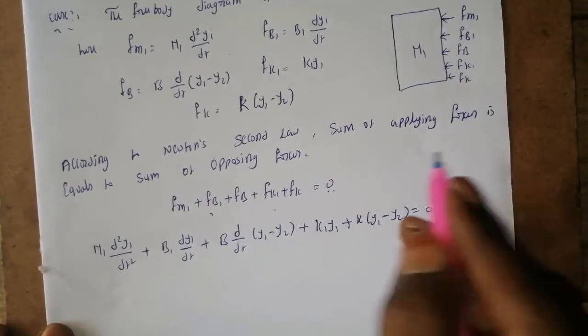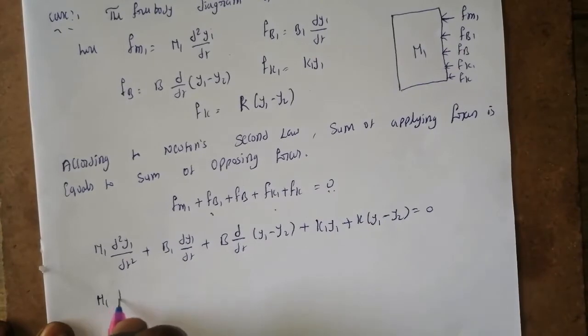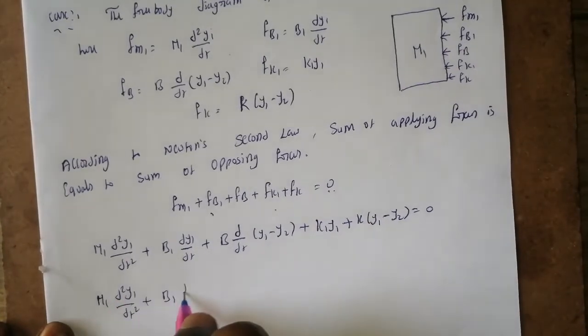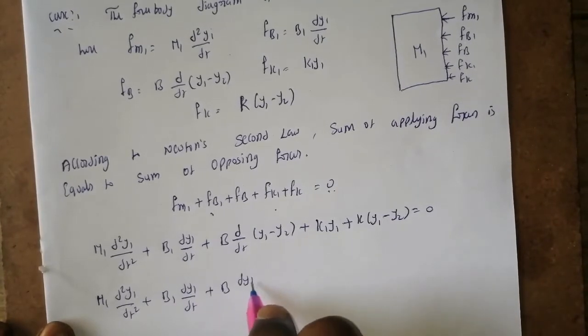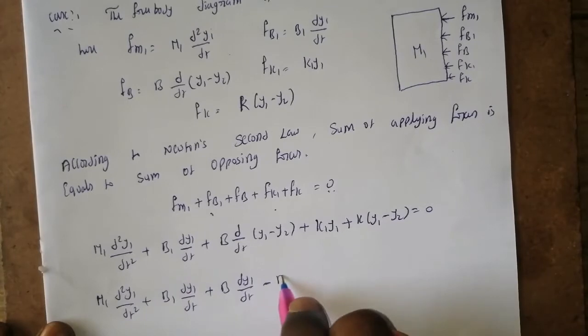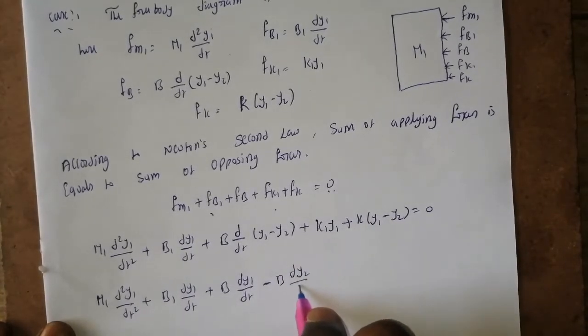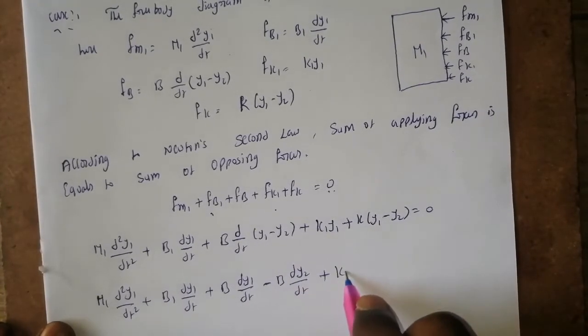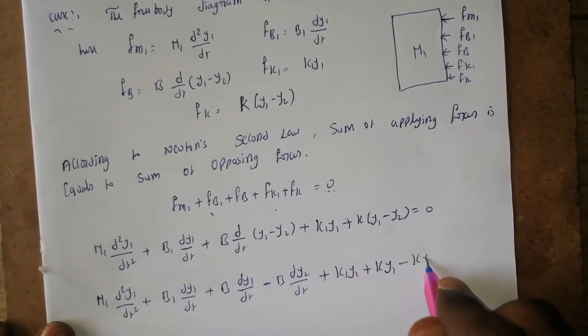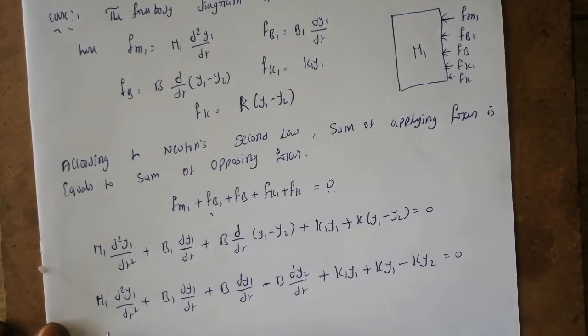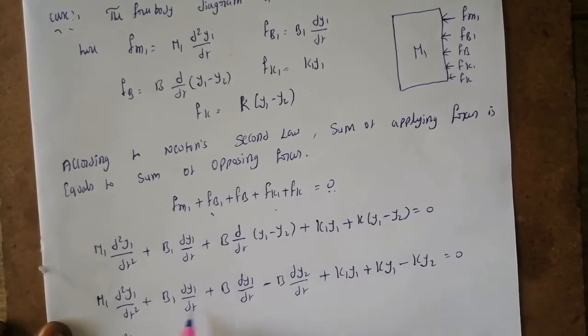If you expand this equation, you will get m1 d square y1 by dt square plus b1 dy1 by dt plus b dy1 by dt minus b dy2 by dt plus k1 y1 plus k y1 minus k y2 equals 0.